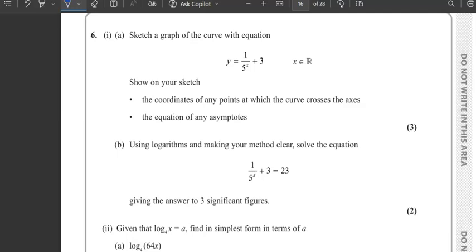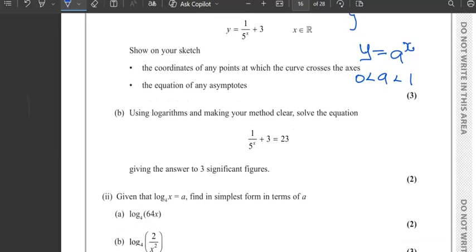Now, normally if we are given a function y equals a^x, and in this case a is greater than 0 but less than 1, we know the nature of the curve. So let's see how to sketch this.